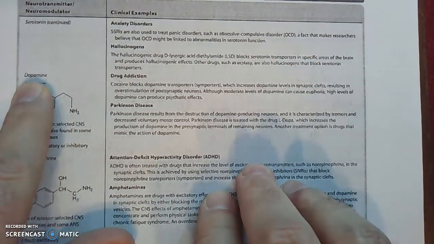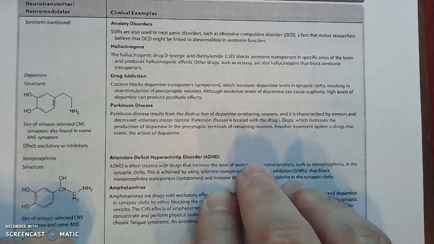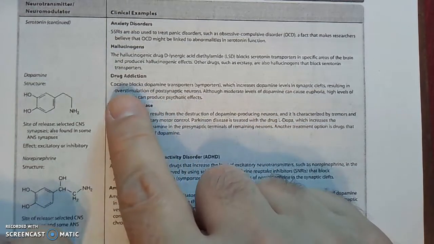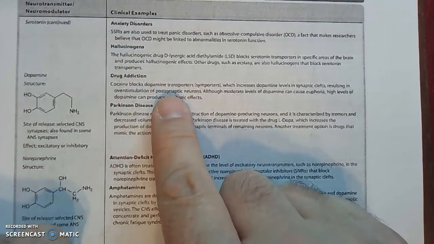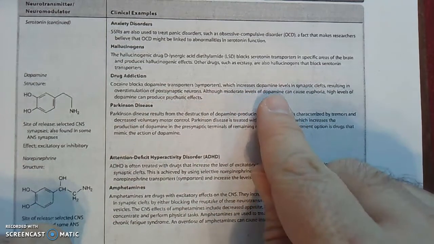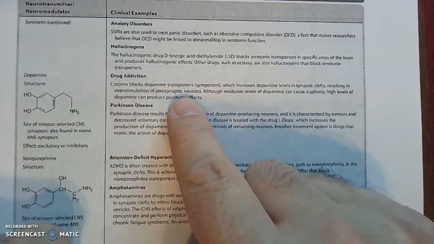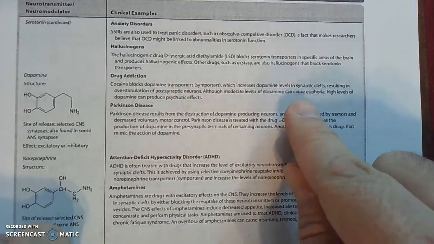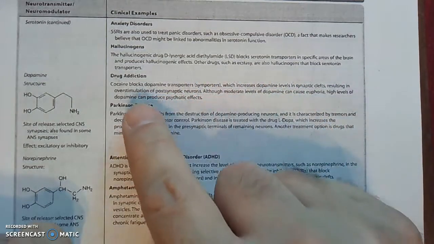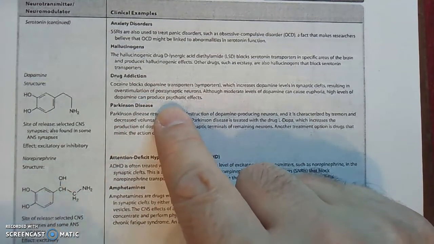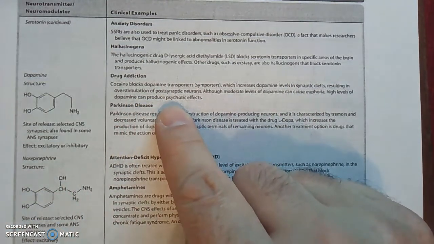Dopamine is another neurotransmitter. And cocaine blocks dopamine transporters, which increases dopamine levels, resulting in overstimulation of postsynaptic neurons. That can cause euphoria, but high levels, over time, can cause psychotic effects.